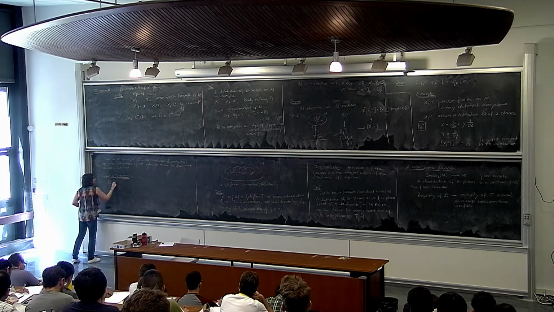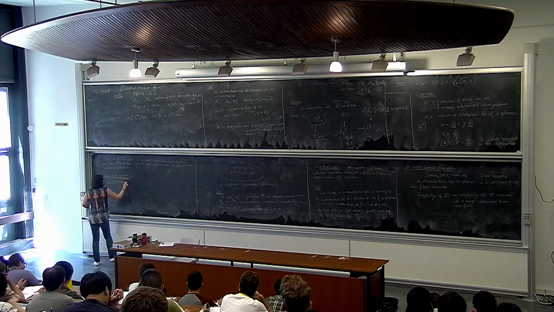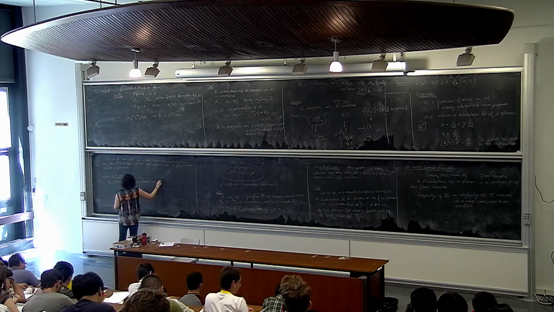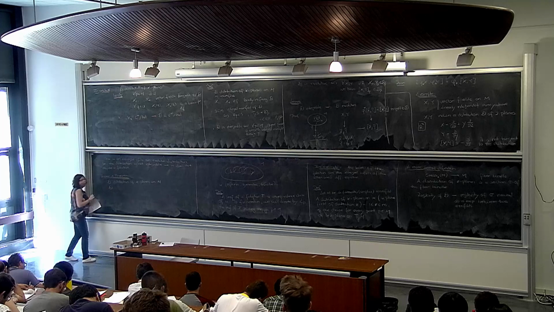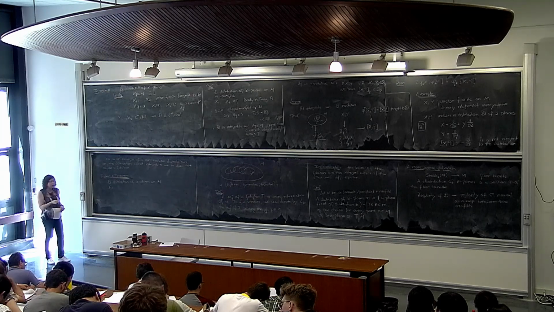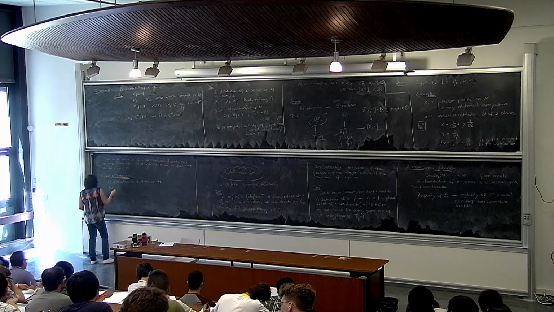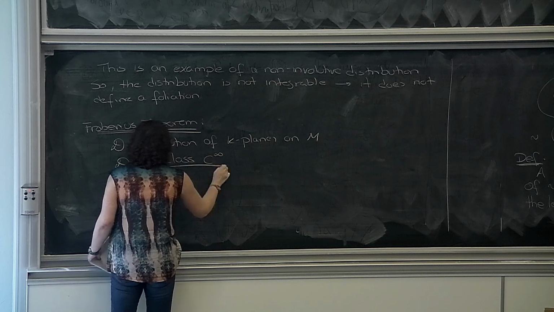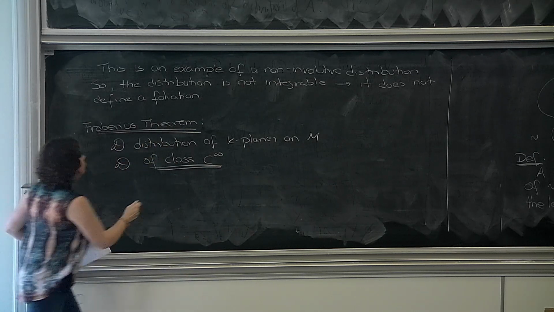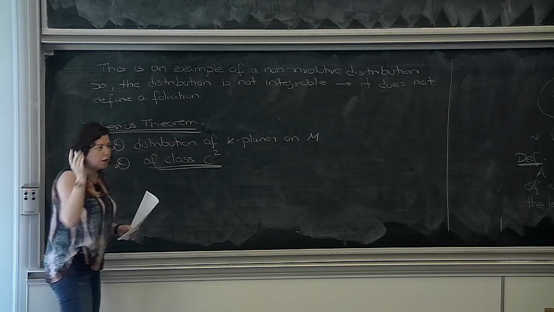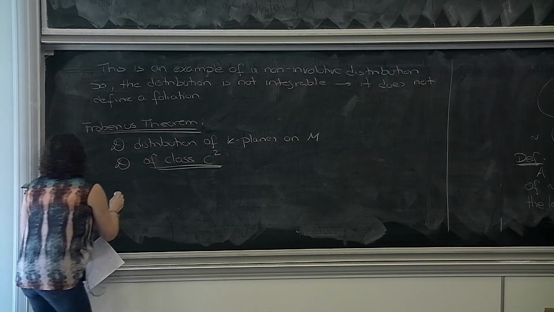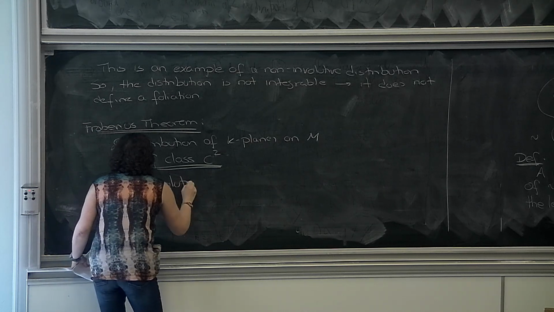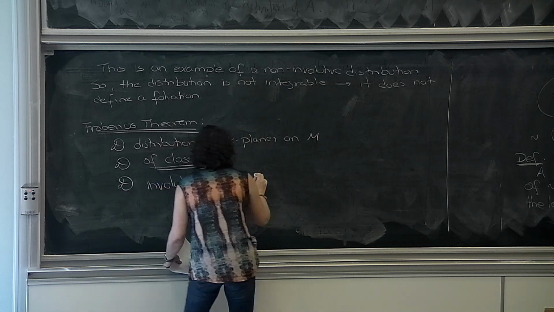So let D be a distribution of k-planes on M. What D must satisfy in order to say this is that D must be of class C2, okay, C2. So in the holomorphic case, this is valid. So D involutive, we have that D is integrable.